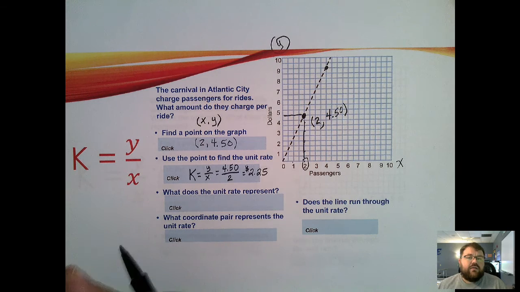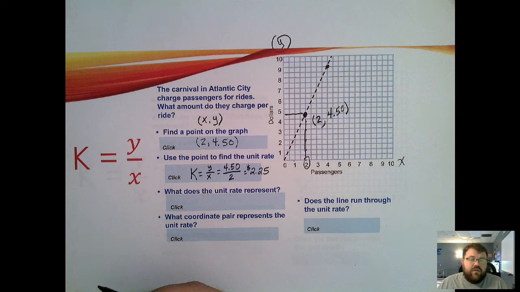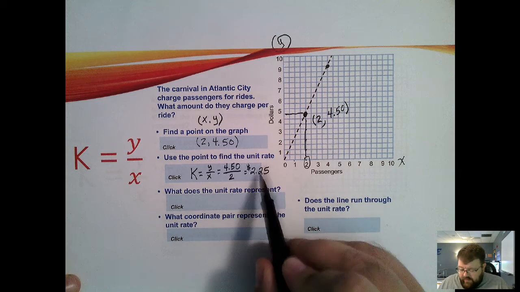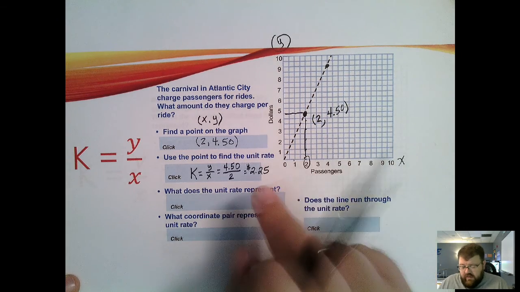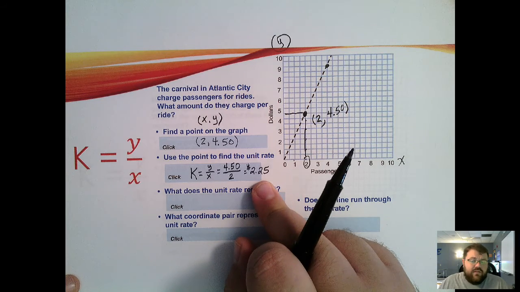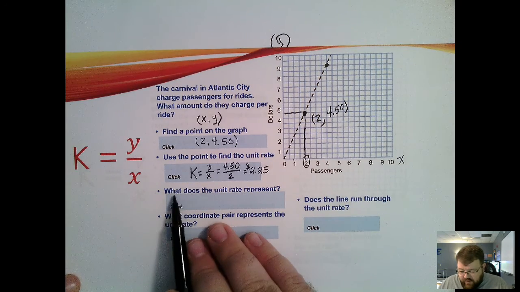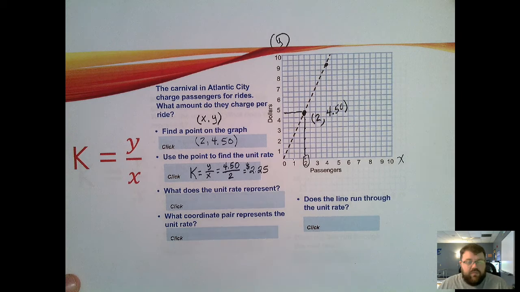That's the unit rate. Now when you think of unit rate, you should think of the number 1. Well, what number are we talking about? We have the money, so it has to be 1 passenger is $2.25. The next question says, what does the unit rate represent?